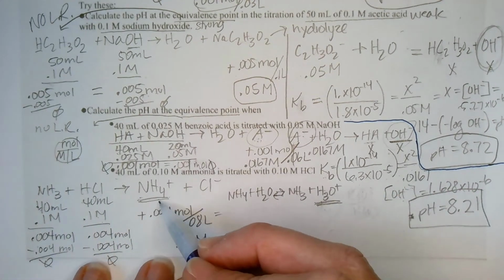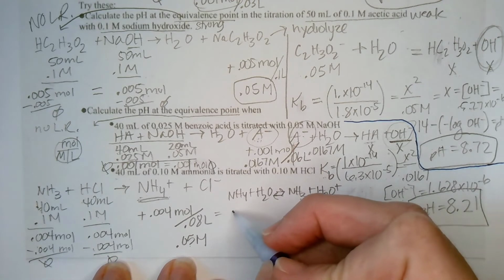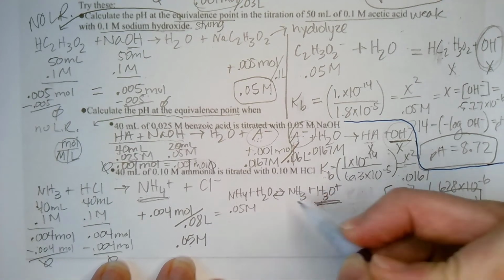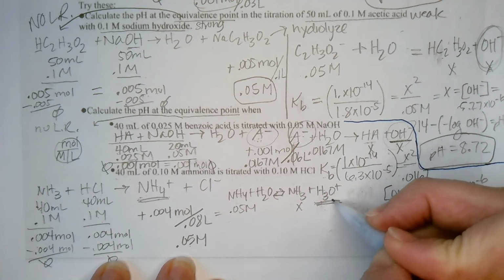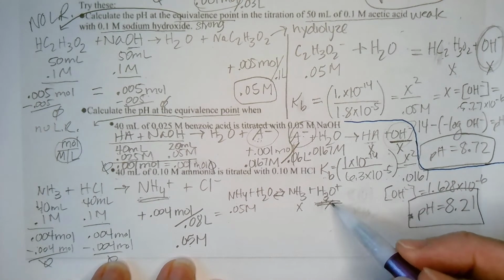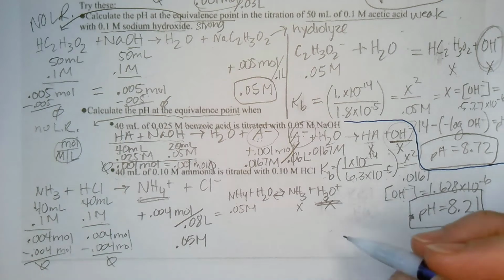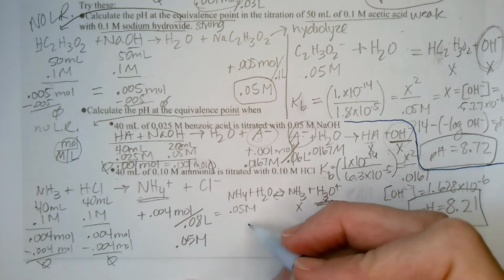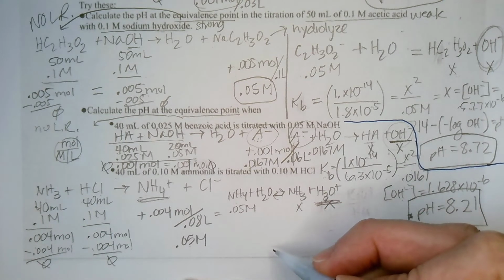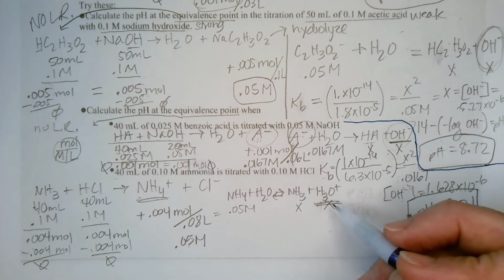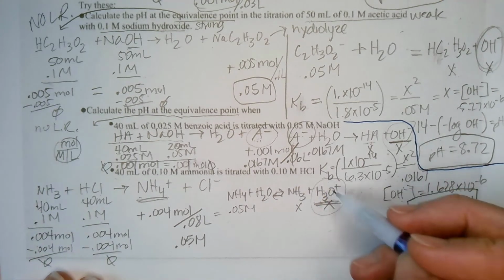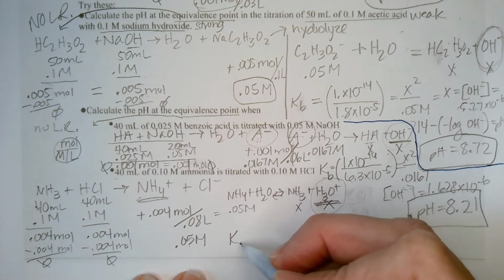Now we've just found out that my concentration for NH4 plus was 0.05 molar. I don't know what ammonia is, and I don't know what my hydronium is. So we're just going to form our Ka or Kb expression. In this case, we want the Ka expression because we're finding hydronium ion concentration.